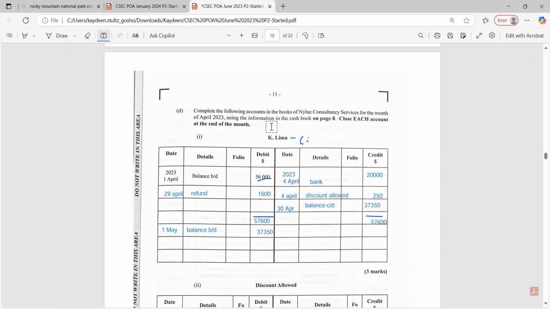So it says complete the following accounts in the books of Nyla Consultancy Services for the month of April 2023 using the information in the cash book on page 8. Close each account at the end of the month. Alright, so we should complete K Lima's account.